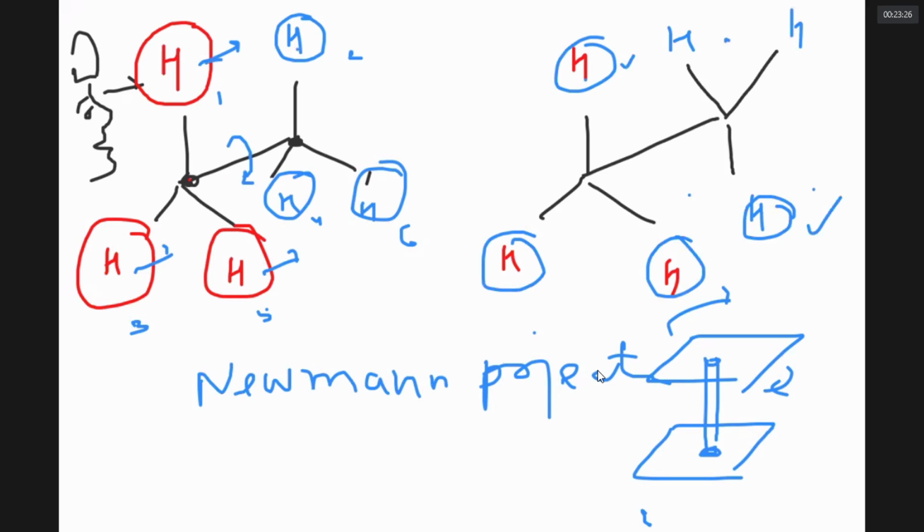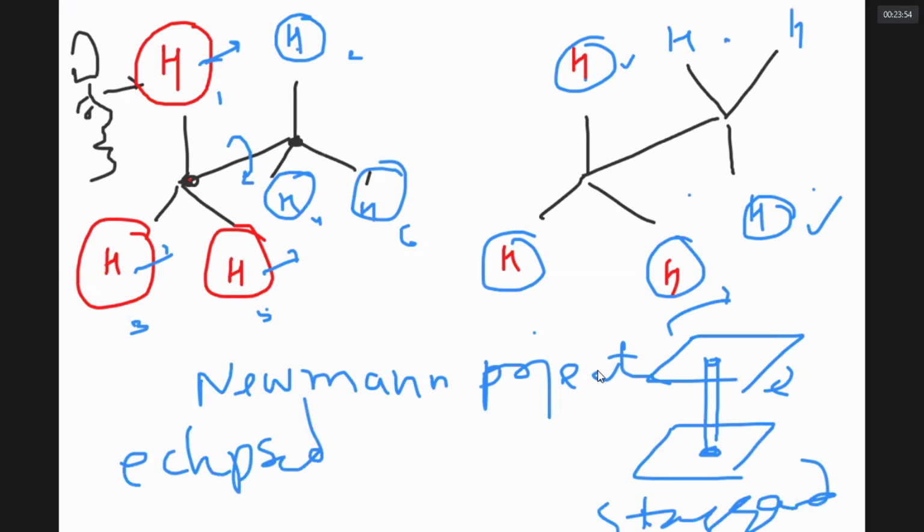Whenever a C-C bond is rotating, one type of configuration, where hydrogens on the first carbon mask the hydrogens of the second carbon, will tilt their positions and go to a situation where each hydrogen is as far away as possible from the second carbon's hydrogens. The first form is called eclipsed form. The second one is called staggered form. If you keep on rotating, there can be different possible orientations.